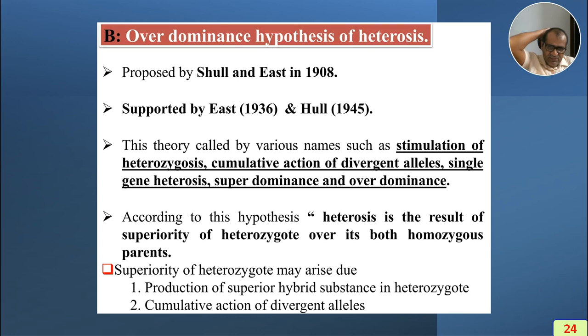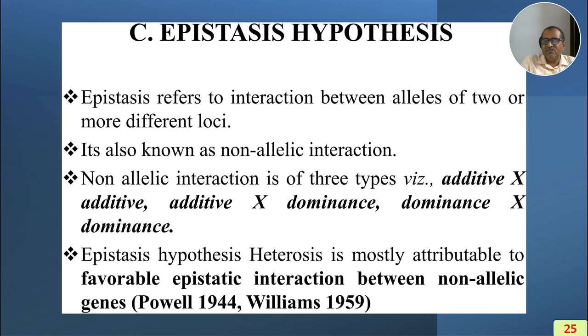According to this hypothesis, heterosis is a result of superiority of the heterozygote over both its homozygous parents. Superiority of the heterozygote may also arise due to the production of a superior hybrid substance in the heterozygote, rather than the cumulative action of divergent alleles.